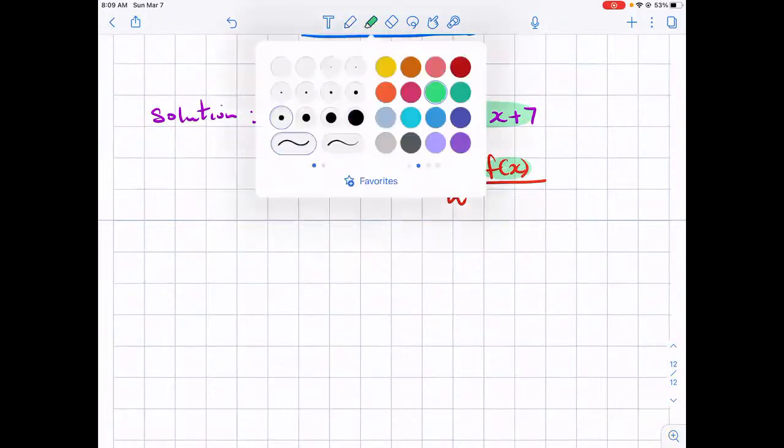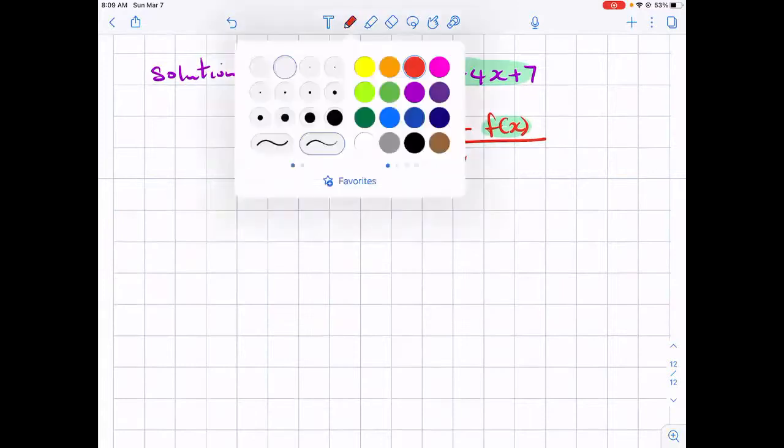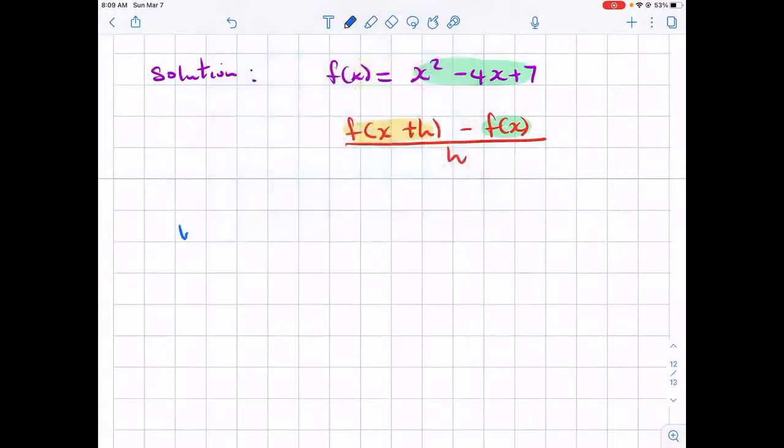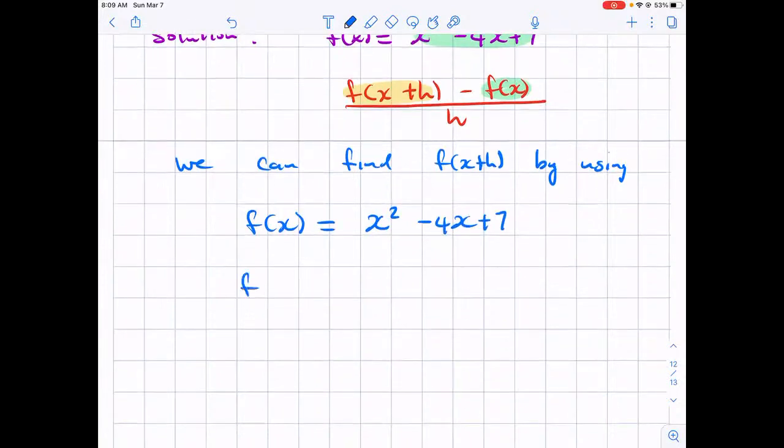We need to find f of x plus h by using f of x equal to x squared minus 4x plus 7. So for f of x plus h, everywhere I see x, I replace it with x plus h.